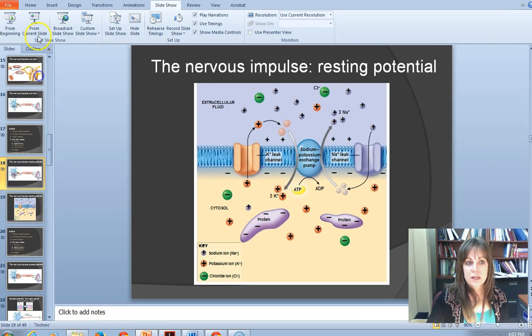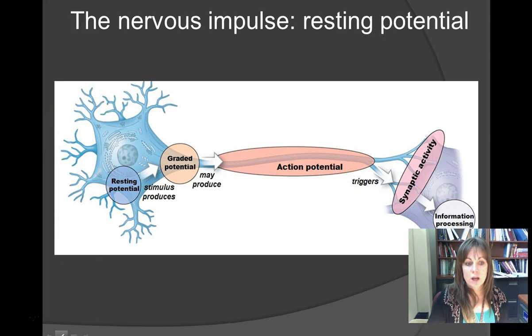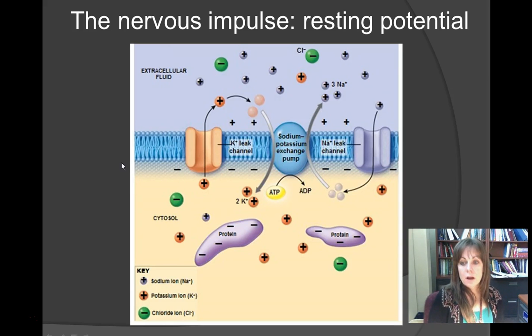So let's begin again by reminding you that we're talking about this image here, what our neuron is like at rest. And so we're going to be looking right here. Now this here is a close-up of the membrane of that neuron.